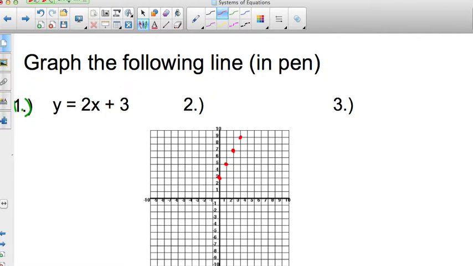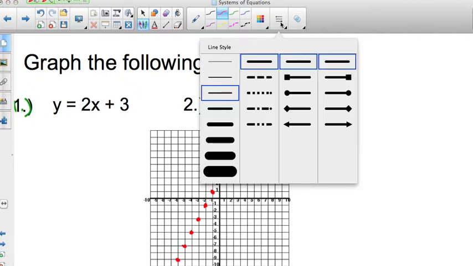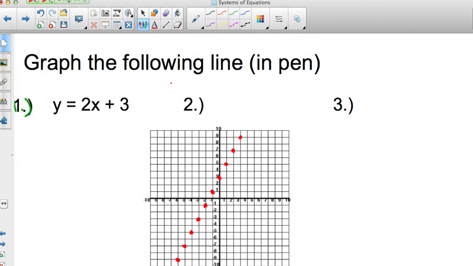Same thing in the opposite direction: go down 2 over 1. Then connect the points with a straight line.